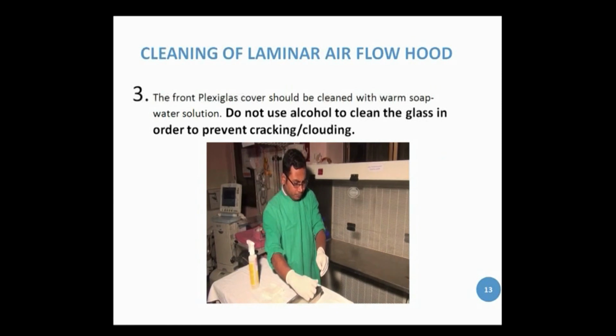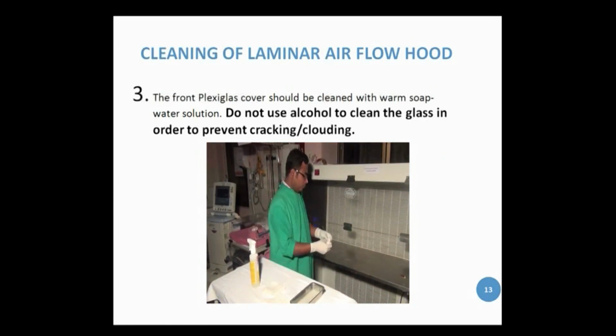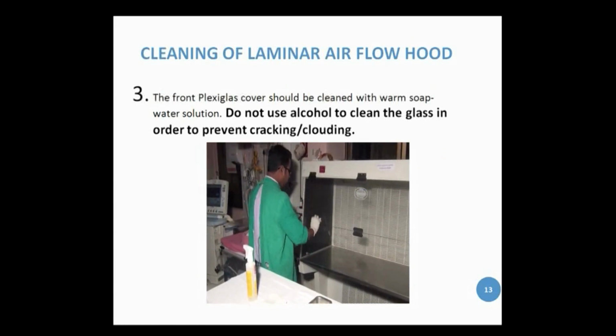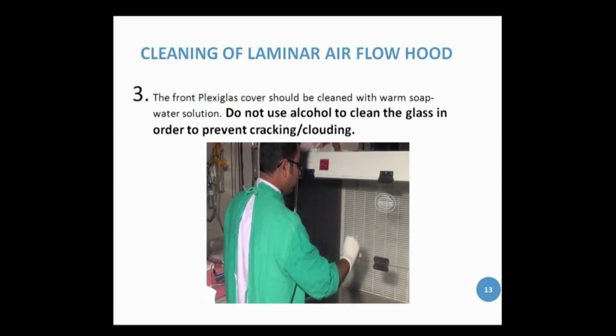The front plexiglass cover should be cleaned with a warm soap solution. Do not, I repeat, do not use alcohol to clean the glass, in order to prevent cracking or clouding of the glass.